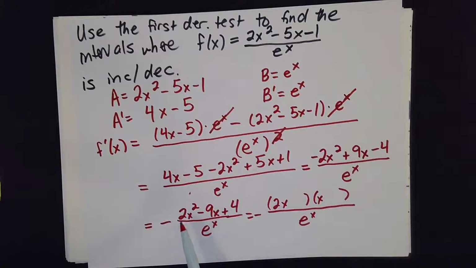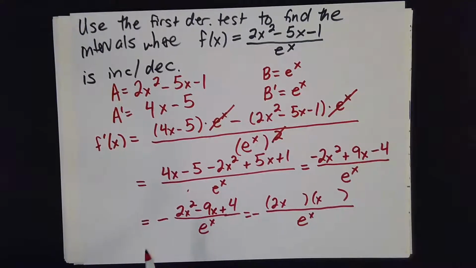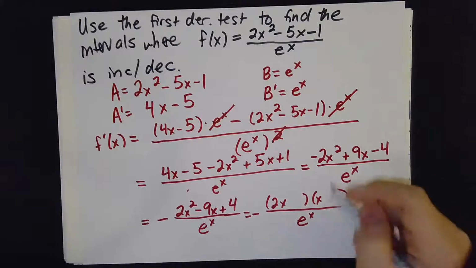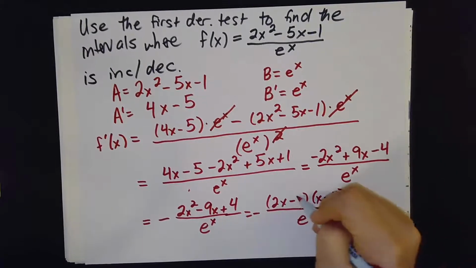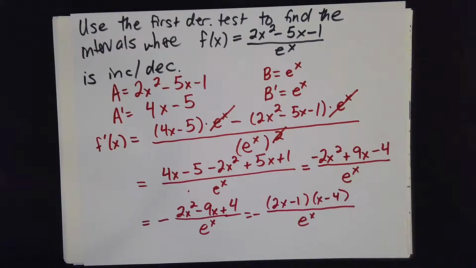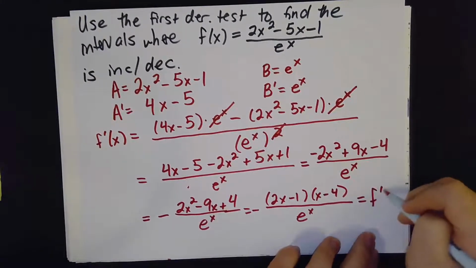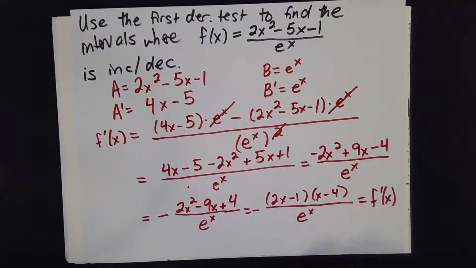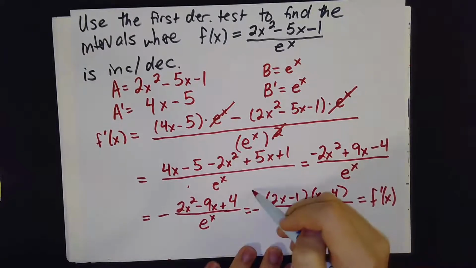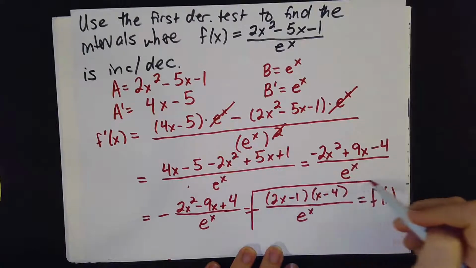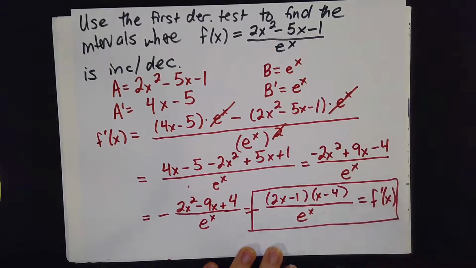Okay, so now let's factor the numerator here. So minus 4 minus 1. That'll work out as a factorization. And so this is my simplified form of the derivative that I'm going to work with for the rest of the problem.